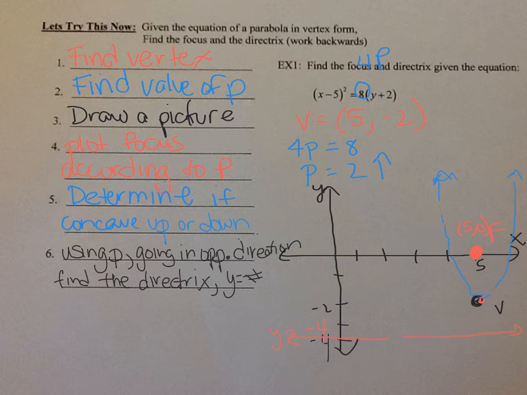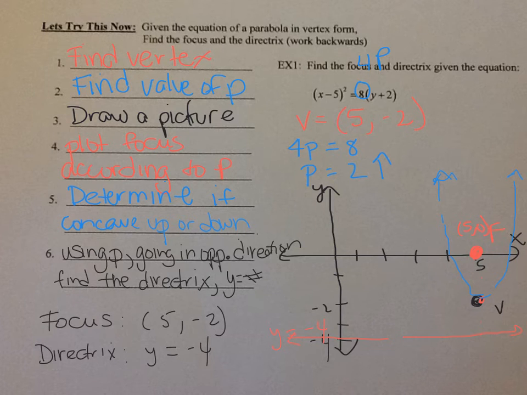So let's just write our final answer here. So I have my focus is (5, -2), and my directrix is y = -4. Oh, and I also forgot to write that this is concave up. Even though I said it, I forgot to write it.